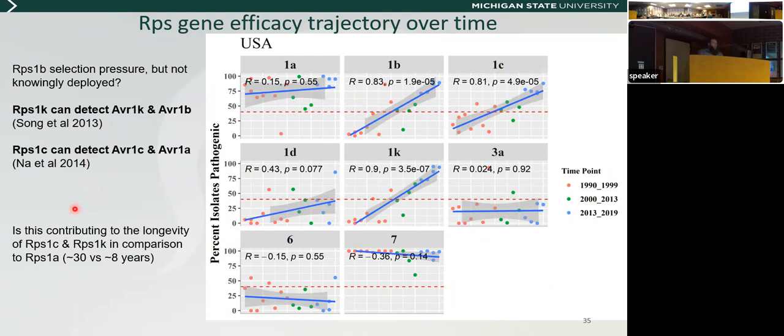So I'm now wondering if this ability to detect multiple effectors from one single resistance gene could be contributing to the longevity of RPS1C and 1K compared to that of 1A. RPS1C and 1K appear to have remained effective for approximately 30 years, whereas RPS1A seems to have quickly lost efficacy in less than 10.